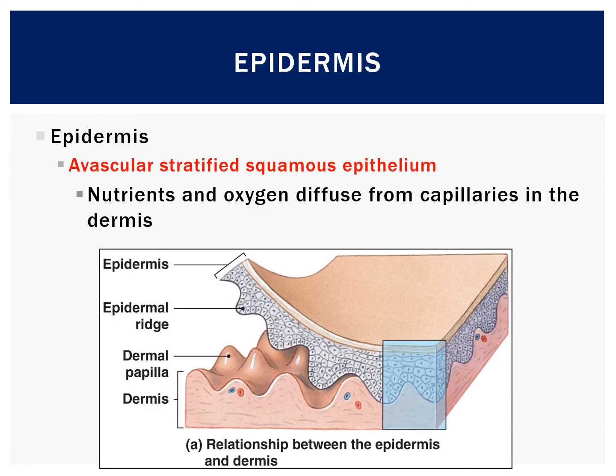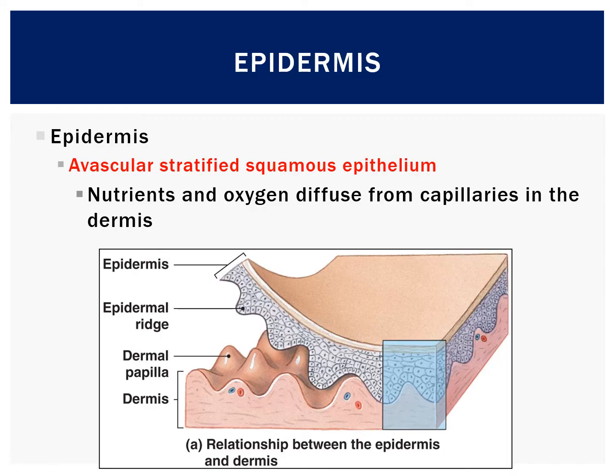So if the epidermis doesn't have blood vessels, how does it get nutrients and oxygen? It is from the capillaries located in the dermis, which supply nutrients and oxygen to the epidermis.